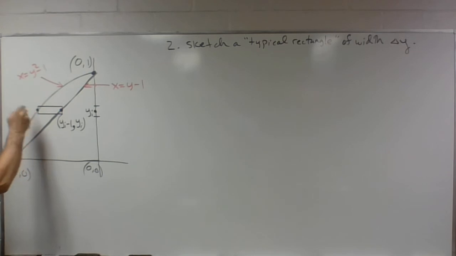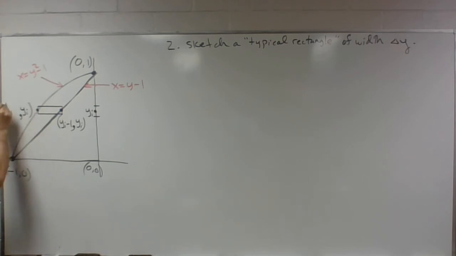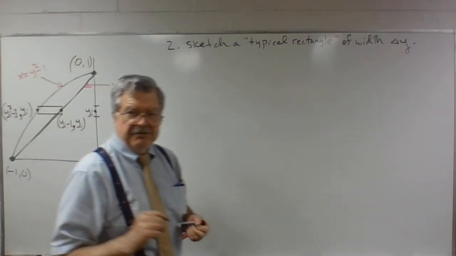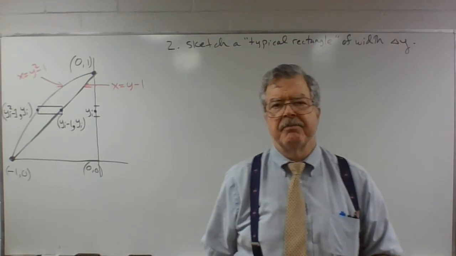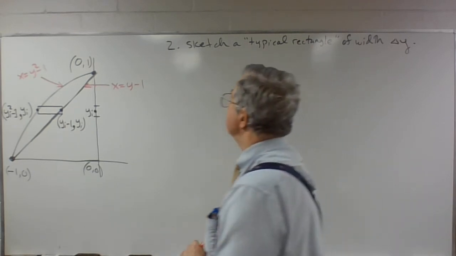And what about here? Again, the y coordinate will be y sub i. And since this point is on the graph x equals y squared minus 1, the x coordinate will be y sub i squared minus 1. I've sketched my rectangle. Now the third step.